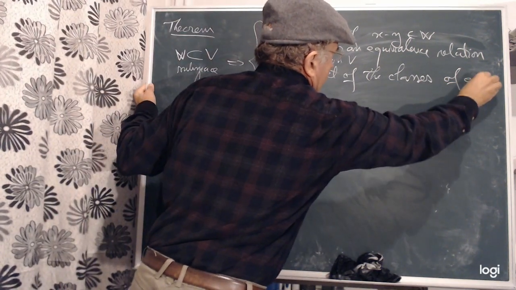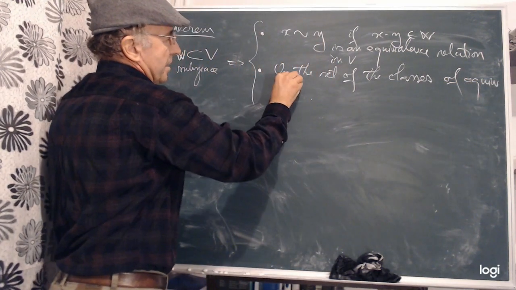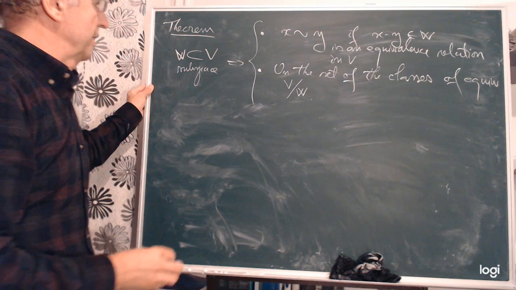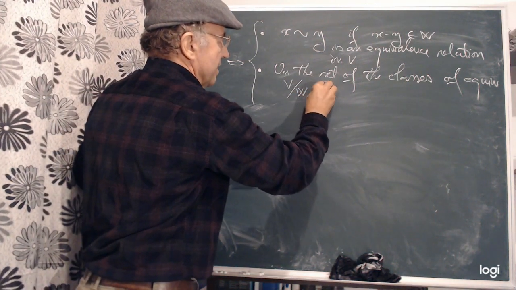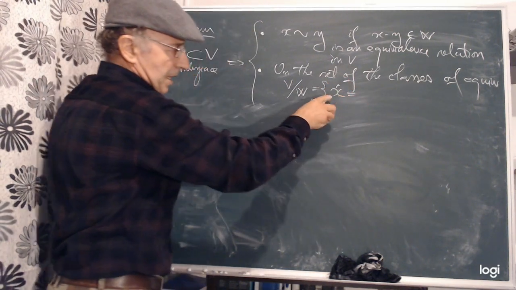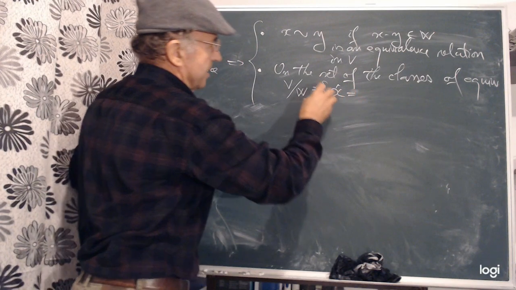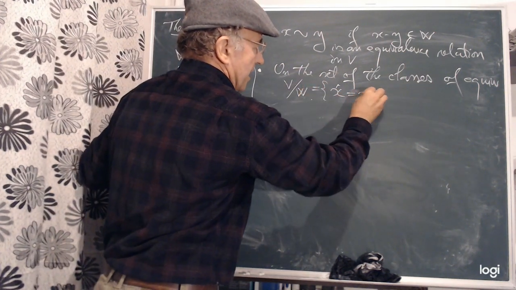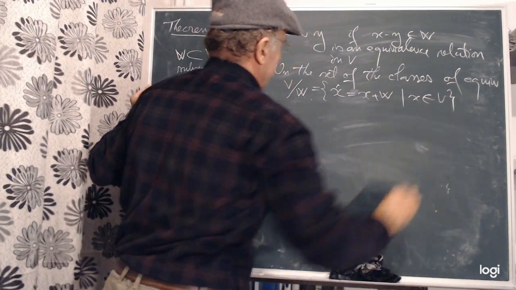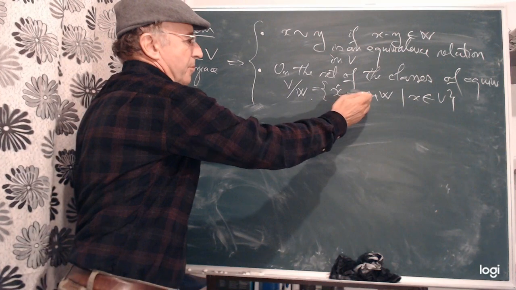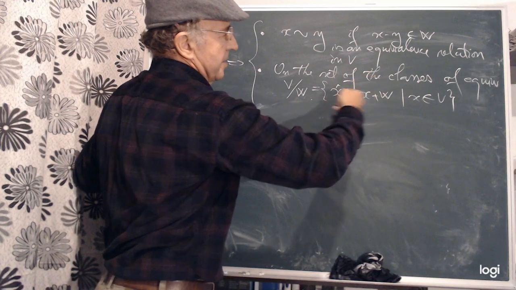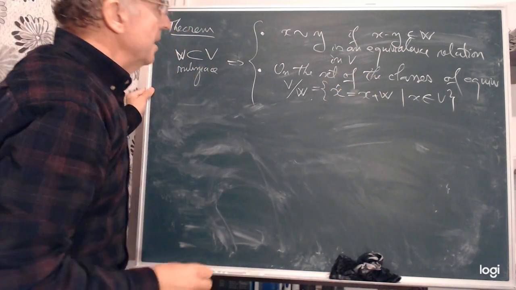We denote this in this way: V factorized by W is the set of the classes of equivalence. We shall prove that the class of x is just a translation of W, it is x plus W, where x is from V. x is a representative, and each class is obtained several times.